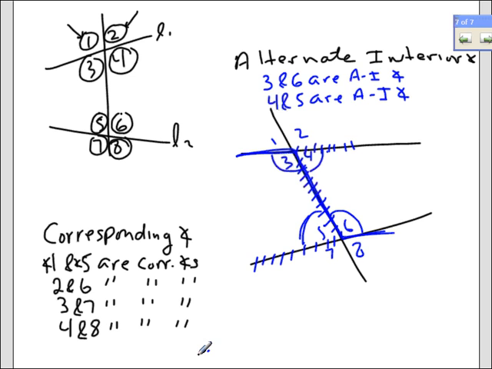Okay. All right. Now we talked about alternate interior. Now let's talk about alternate exterior. So these are the corresponding angles.